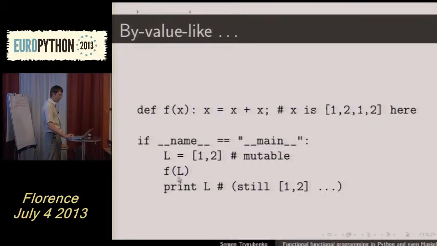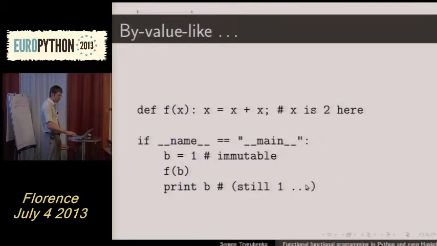Whereas after invocation of f on L, we can verify that L has not changed. This is by value behavior. And it holds in this case for immutable objects as well. So this is an integer that is 2 inside the function, but after invocation of f, still 1.